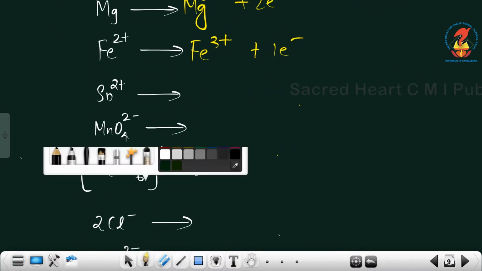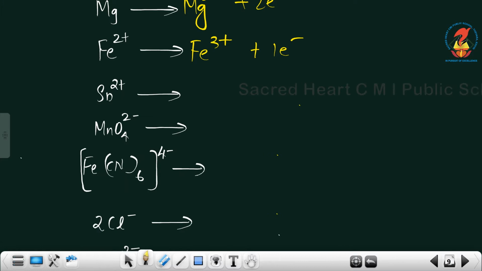Now, another example is Sn2+. Sn is tin, isn't it? Stannum. So, Sn2+, if it is losing 2 more electrons, already it has 2 positive charges, on losing 2 more electrons, it will become Sn4+. There will be an increase in 2 positive charge.